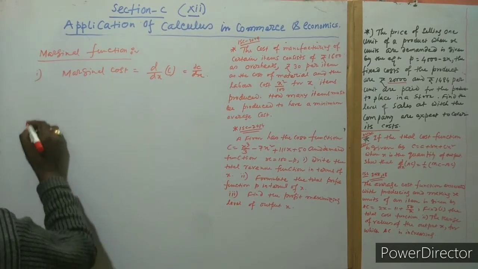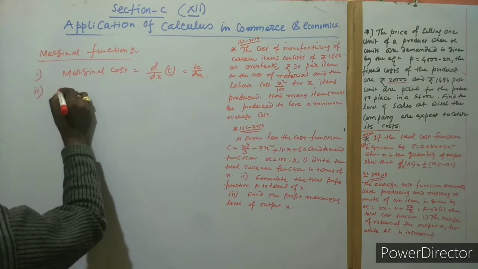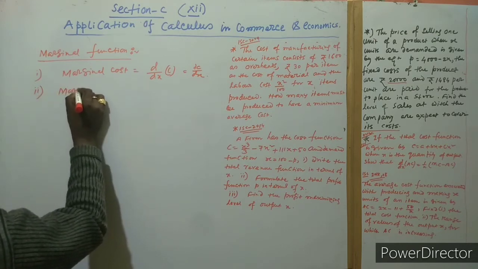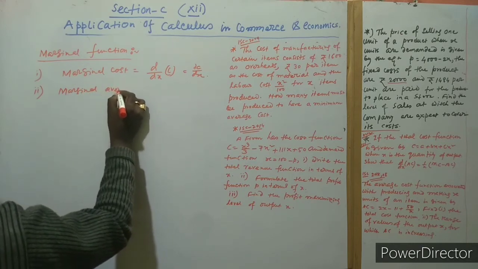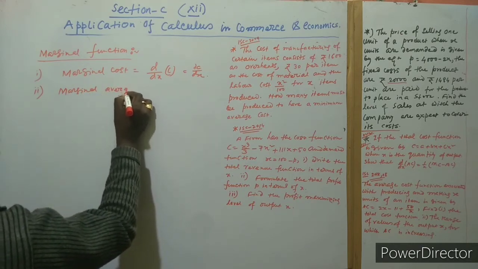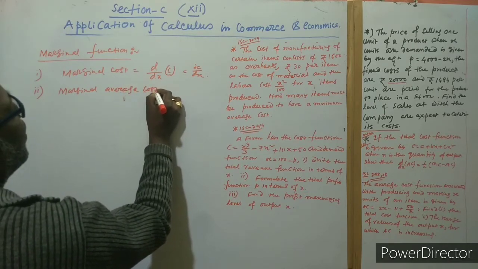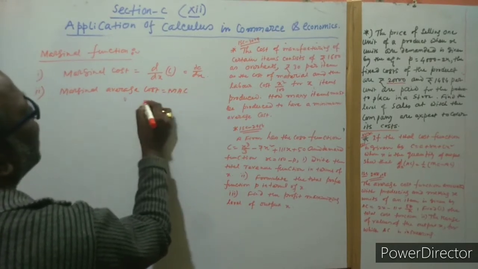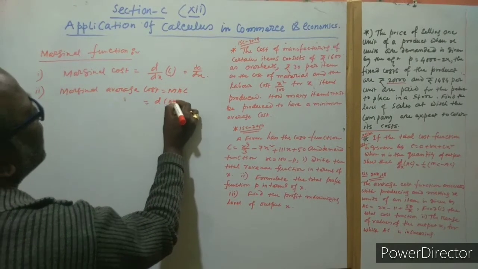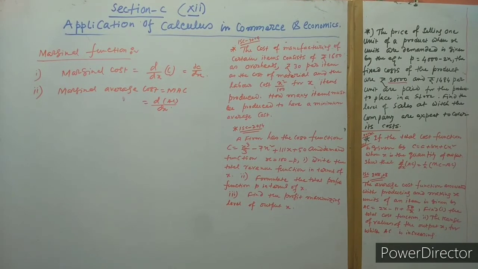And after that, the marginal average cost, and that is equal to DAC, the derivative of AC, the average cost.